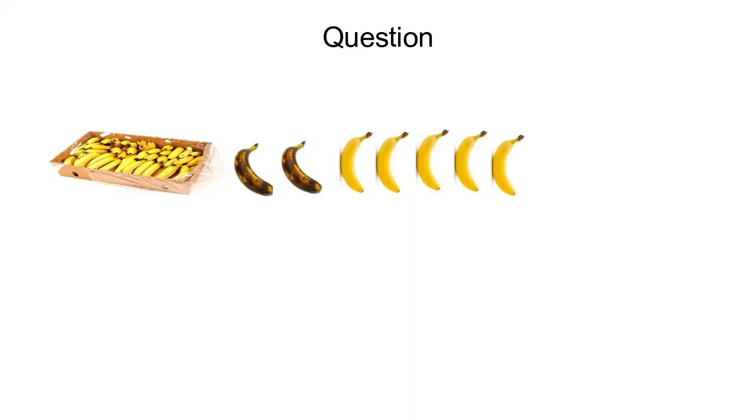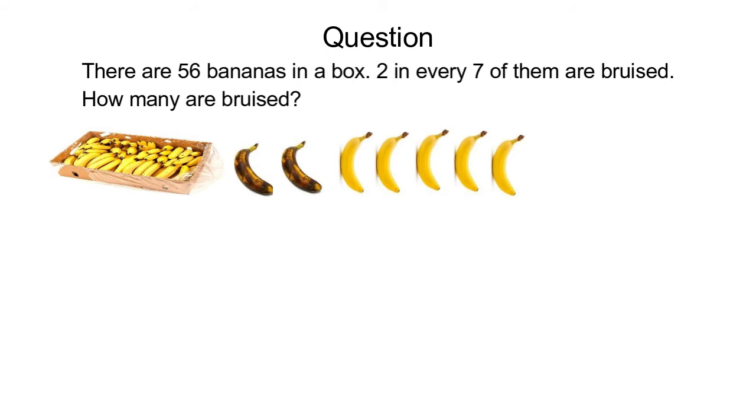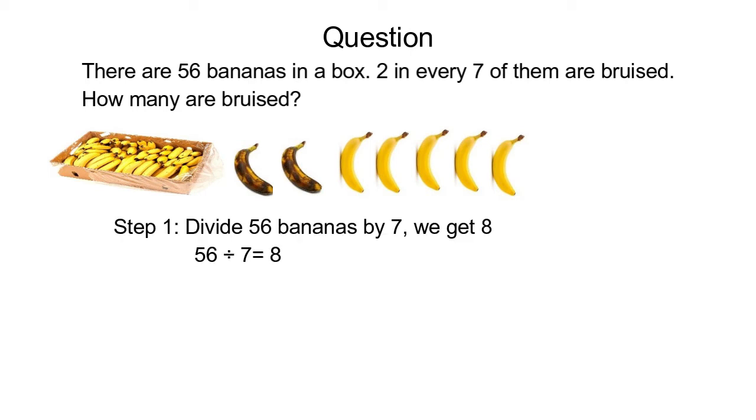Let's try one more question. There are 56 bananas in a box. 2 in every 7 of them are bruised. How many are bruised? So to find out, first we divide the total bananas, that is 56, by 7.